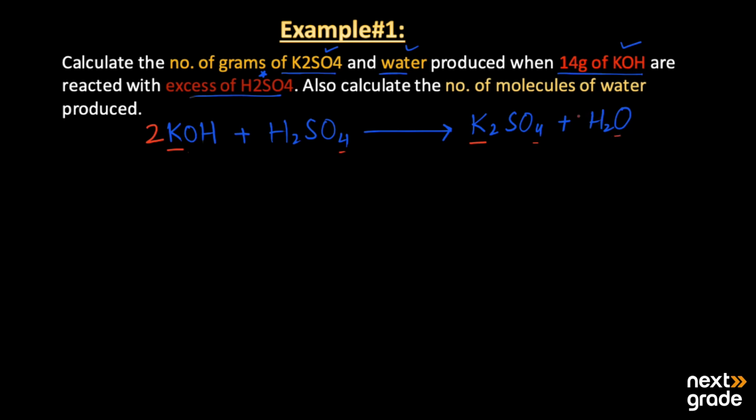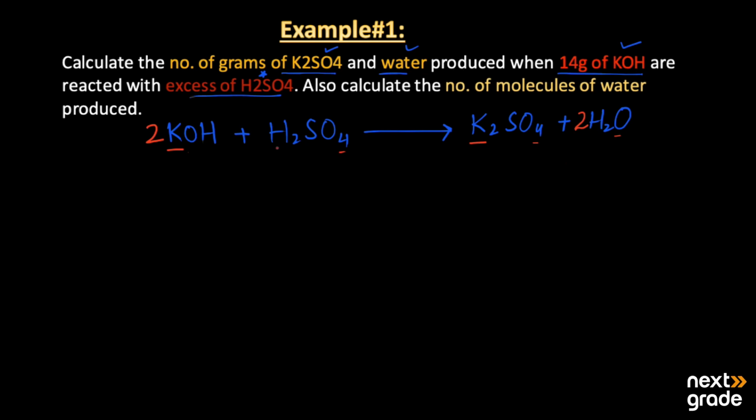So we will put 2 over there. Now here we have 4 and 2 equal to 6, so oxygen atoms are also equal on both the reactant side and the product side.